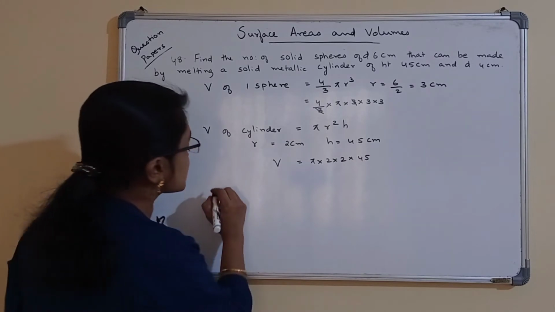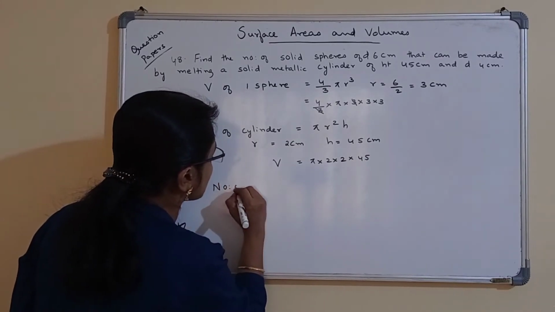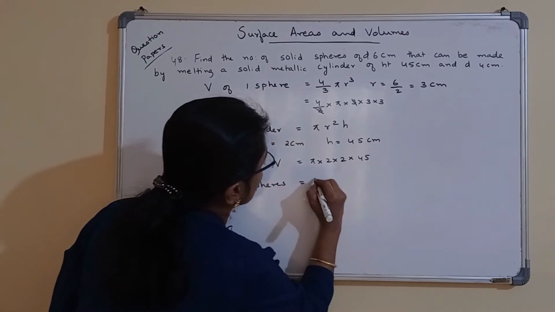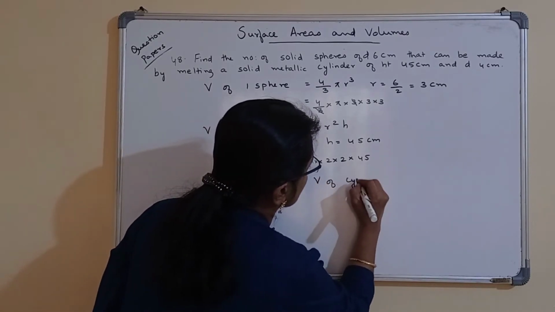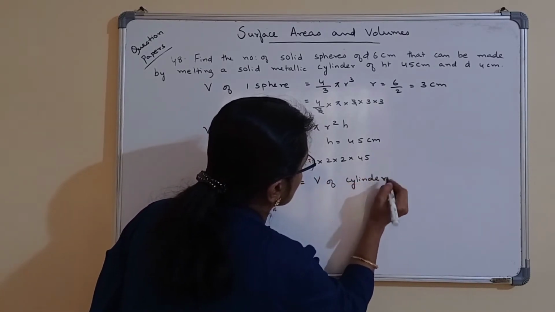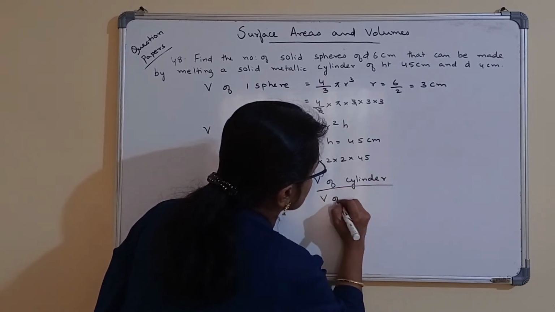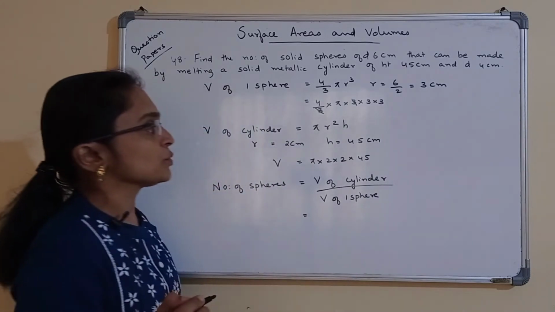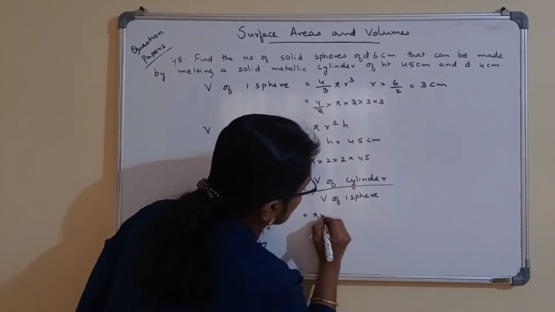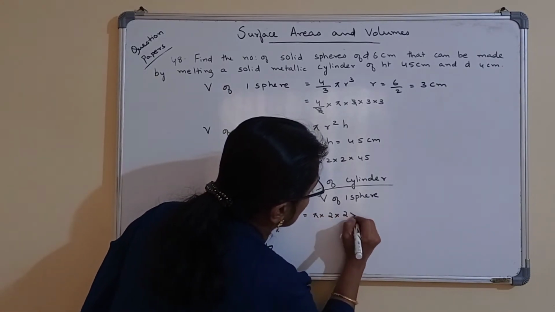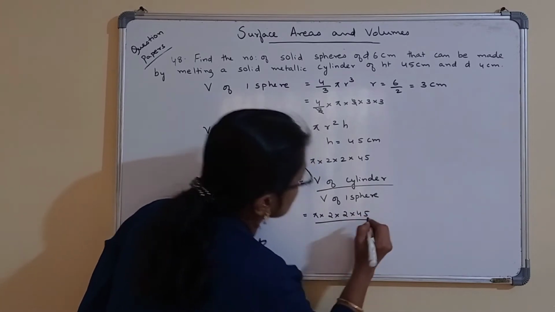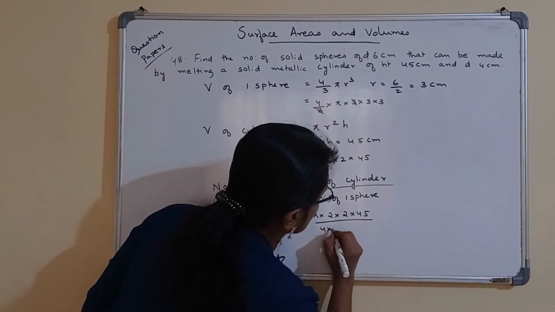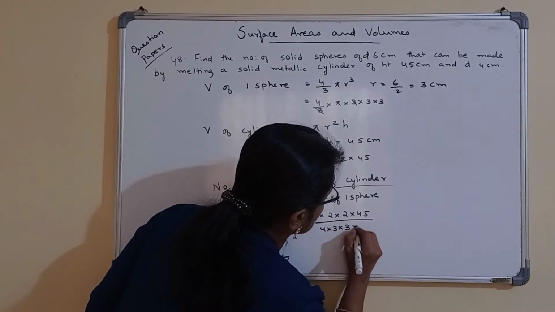And what is the number of spheres that can be made? Number of spheres is equal to volume of cylinder by volume of one sphere, which is equal to pi into 2 into 2 into 45 by 4 into 3 into 3 into pi.